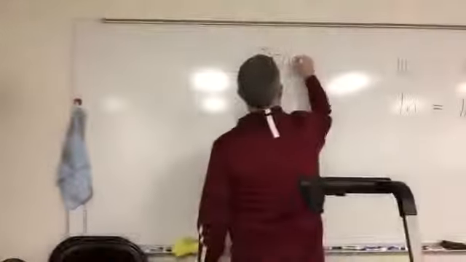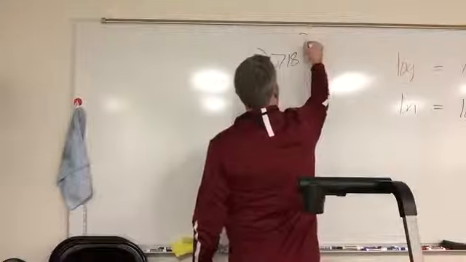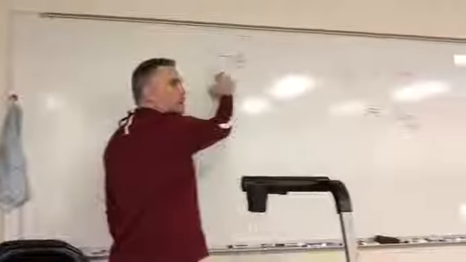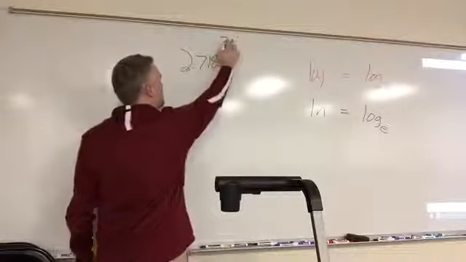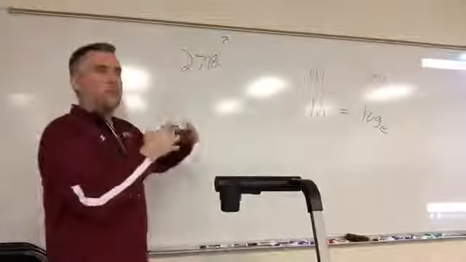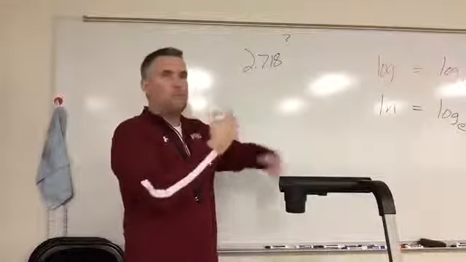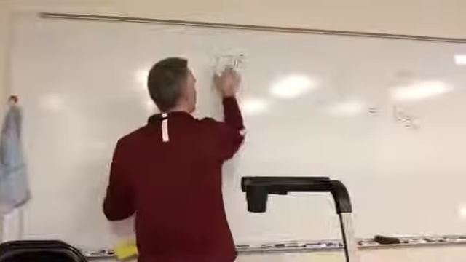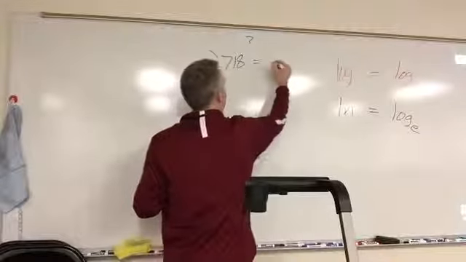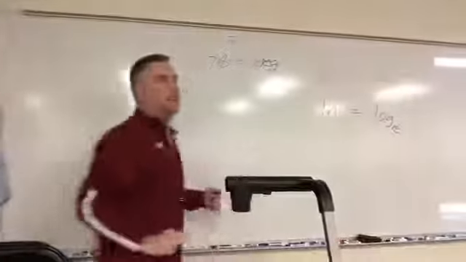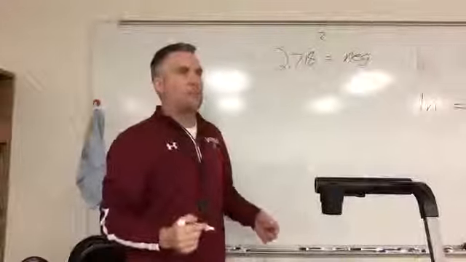So think about it. Can I take a number that's about 2.718 and raise it to some power? That's a positive number raised to some power, meaning I'm going to take 2.718 times itself some number of times. Is there any way to take this number times itself some number of times and end up with a negative number? That's impossible, right?